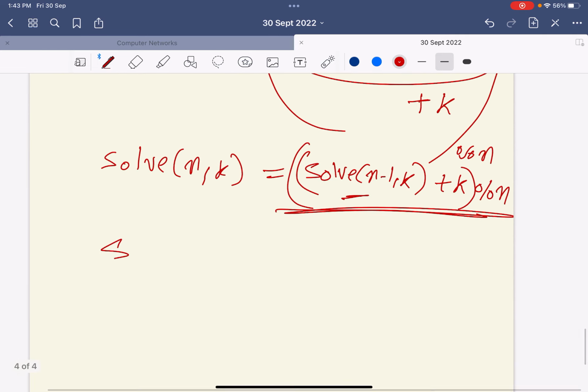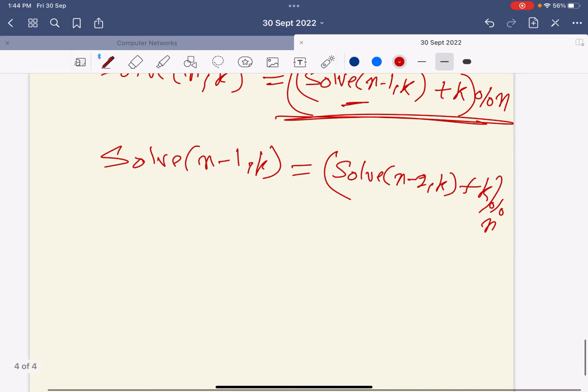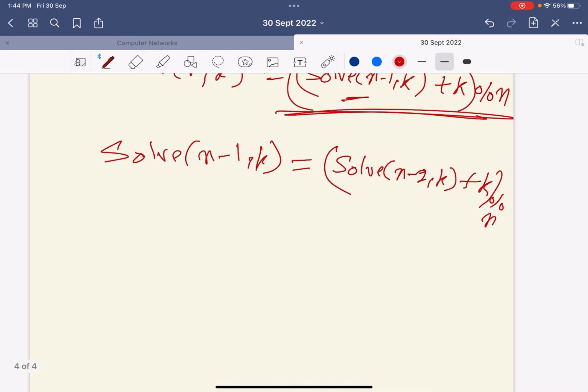Similarly, for n minus 1 comma k, I'll go for n minus 2 comma k. So I'll keep on reducing the input, and I can't do this infinitely.